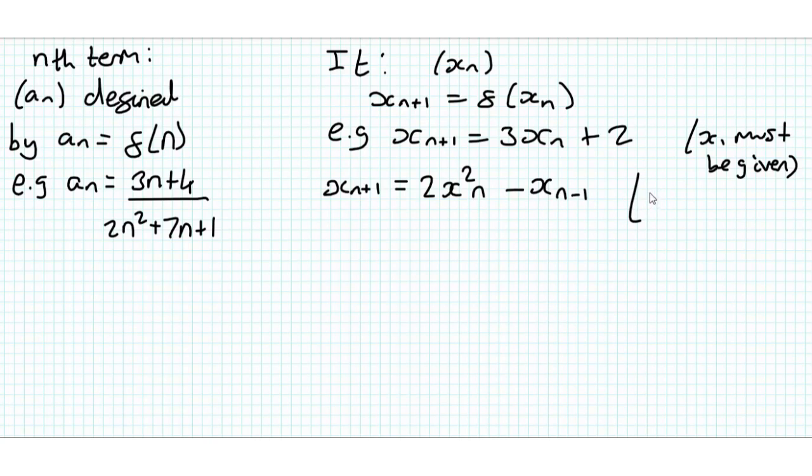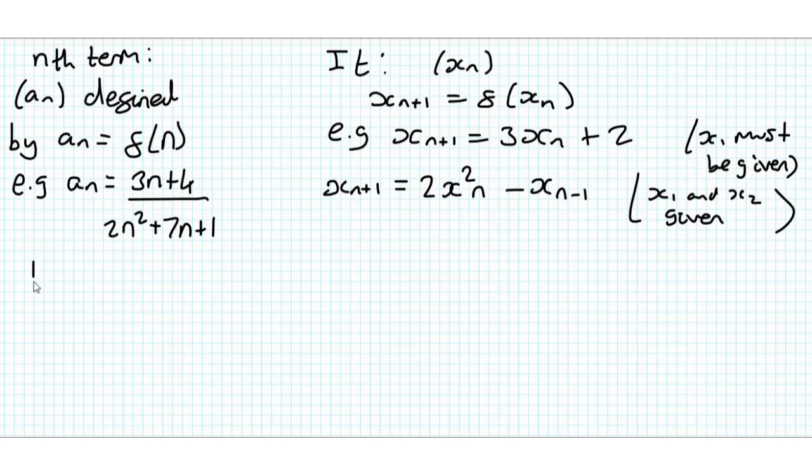Well, here x_1 and x_2 are given, and then you can find x_3, x_4 and so on yourself. But of course that sequence is not defined if you don't have any initial conditions. Whereas for these ones you just give the rule and you're good to go.